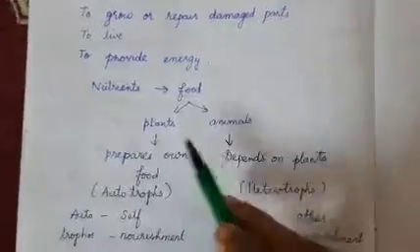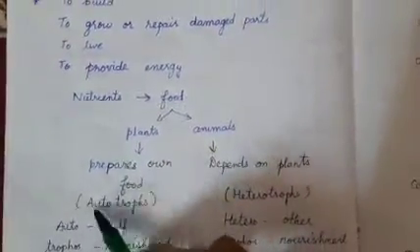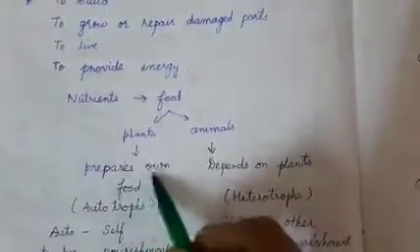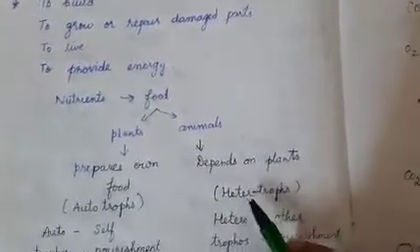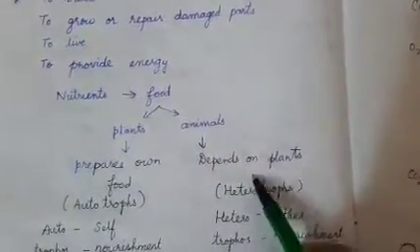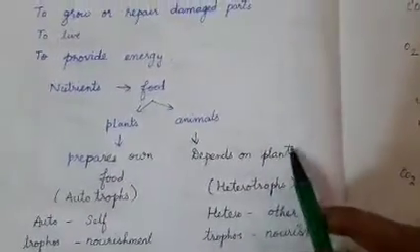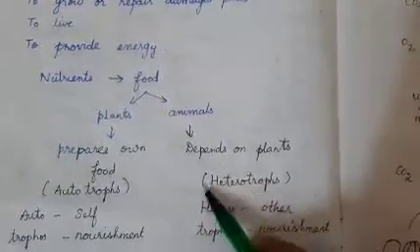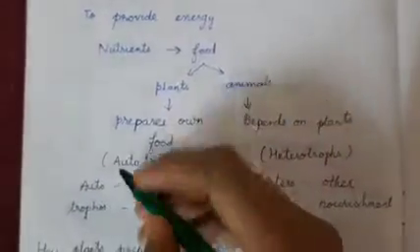Right, my dear children? So, I give a new term called autotroph for the organisms which prepare their own food. Whereas for all the other living organisms which depend on plants, which do not prepare their own food, I give the name heterotroph. Hetero means different, other. So auto, I just split up this word.